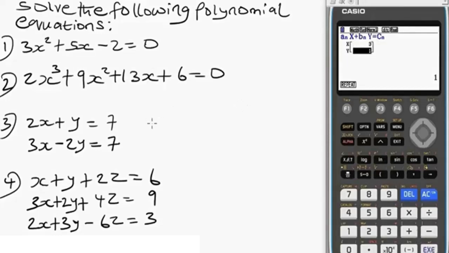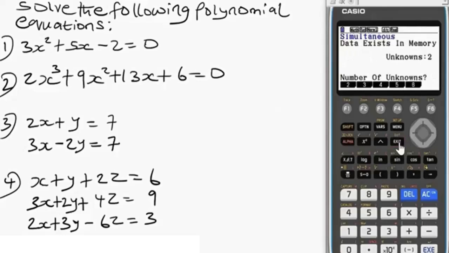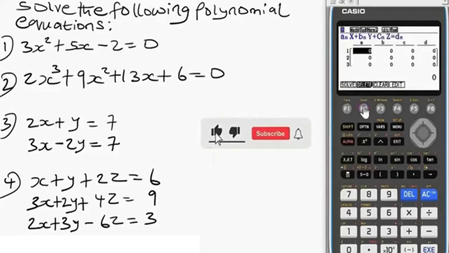Alright, so let's go to question 4, a system of equations or simultaneous polynomial equation with 3 variables or 3 unknowns. So let's press exit. Right now we're going to select 3 as the number of unknowns, which is F2. So let's begin to input the respective coefficients of this system of equations and their constants.